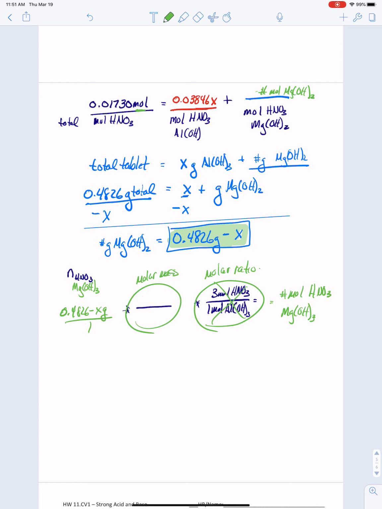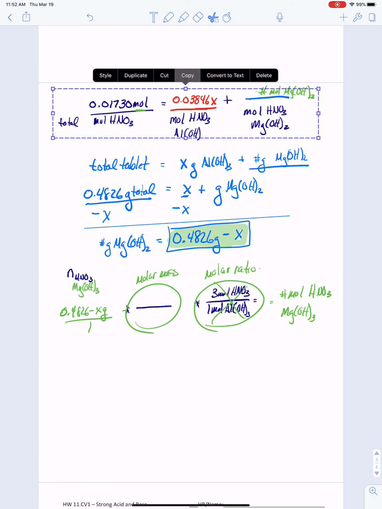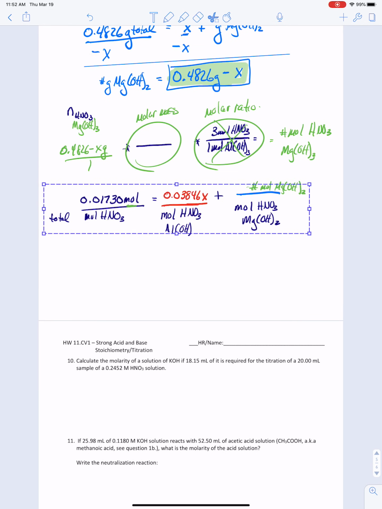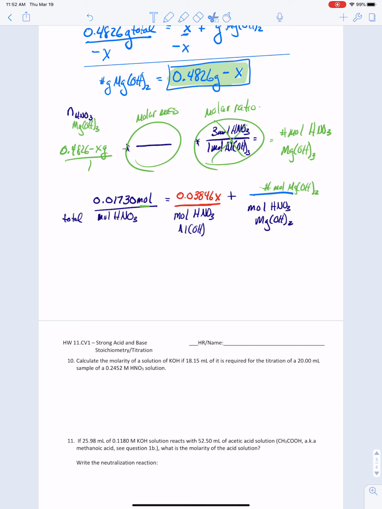Now, if you think about it, we would actually have an expression here, right? This is the total HNO3 moles used to neutralize both.